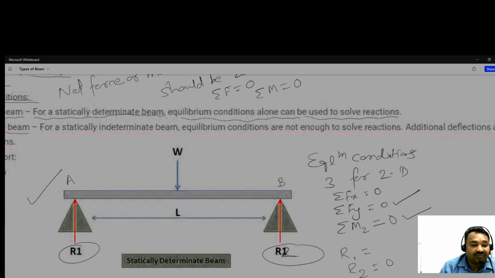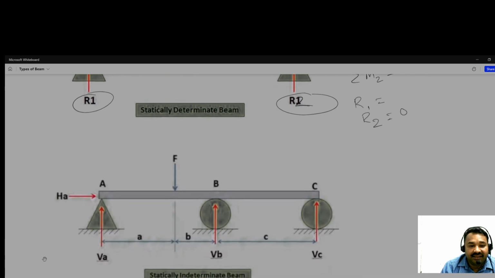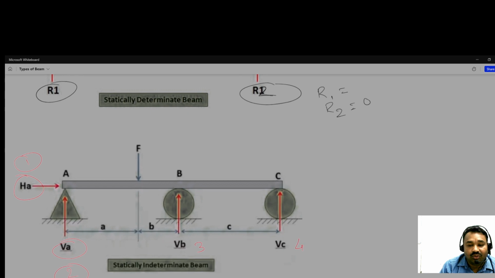So let us see which kind of beam. See here in this, how many reactions are there? This one, this one, two, and this is three, and this is four. And how many equations do we have? And it is in 2D.